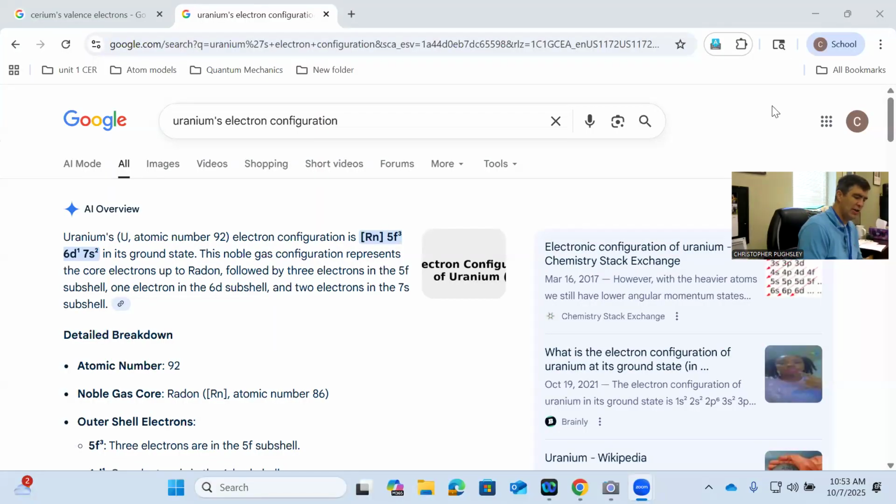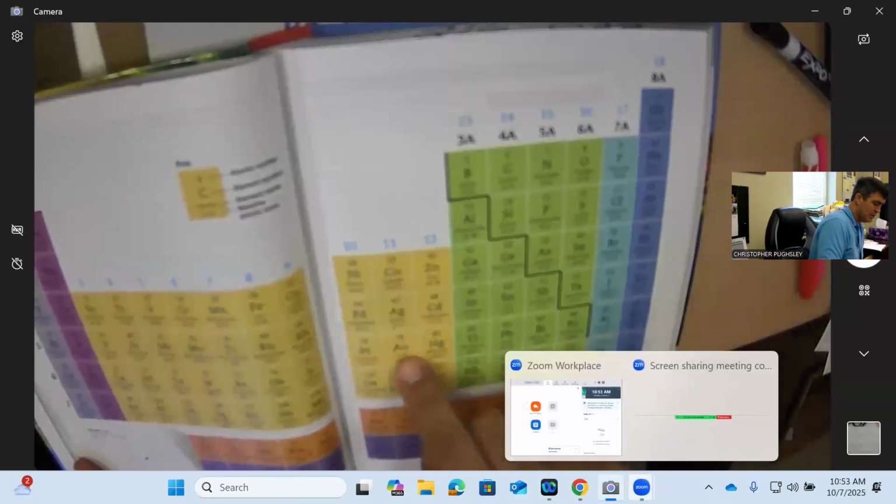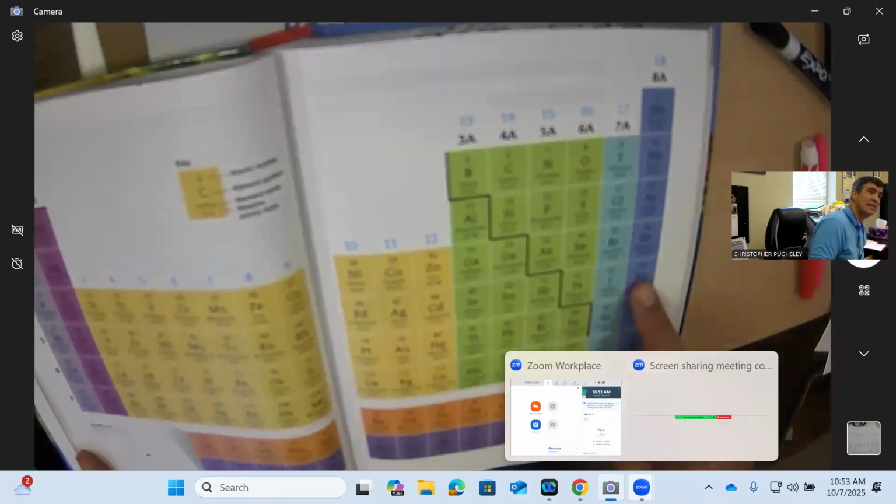We are going to share our answer here. And so with this one, gold has an atomic number of 79. So here is gold. Let me go back to this. Gold is right here, 79. The last noble gas before gold is xenon.